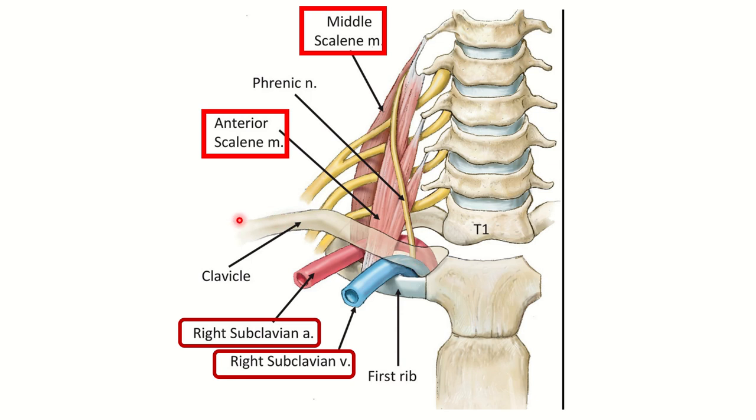Another point is the phrenic nerve, which passes anterior to the anterior scalene muscle. So anterior to the anterior scalene there are two important structures: the phrenic nerve and the subclavian vein. Posterior to the anterior scalene but anterior to the middle scalene there are two other important structures: the brachial plexus and the subclavian artery.